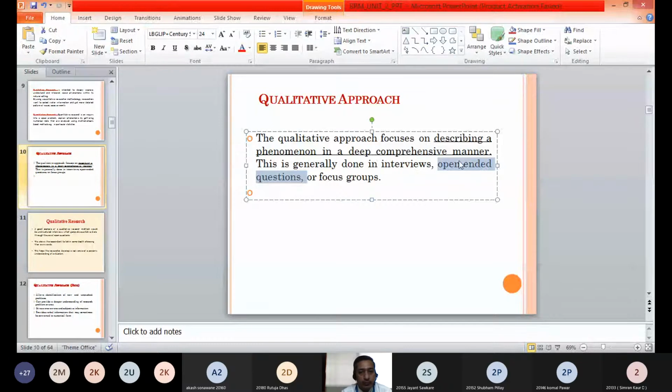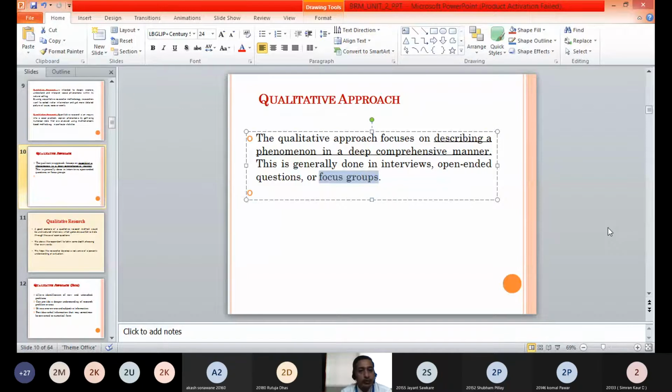But in the qualitative approach, open-ended questions can be used for collecting the data, or there can be focus groups. Focus group means a group of people, maybe 8 to 10, who are directly or indirectly associated with that particular problem, and we have a focused group discussion with them and try to understand the problem in various aspects, the different dimensions of that problem.